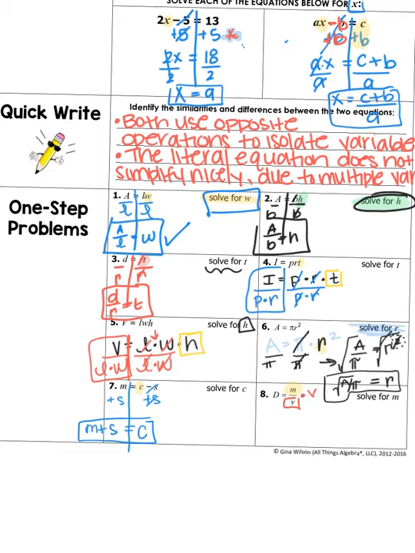So to get rid of that v, I'm going to multiply both sides by v. Those will cancel, and now I'm left with just m. Over here I have v times d. I can't really do anything with that, so that'll just stay v times d. So m equals v times d.